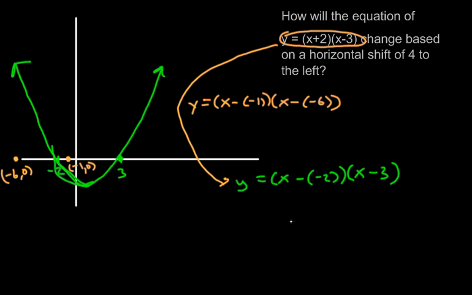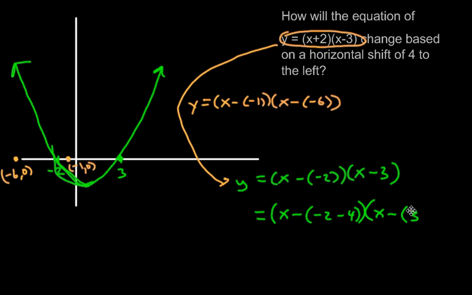Okay, so we talked about wanting to have a horizontal shift. So let's start with our basic factors: x minus, and from the -2, let's subtract 4. And again, x minus, and from the 3.